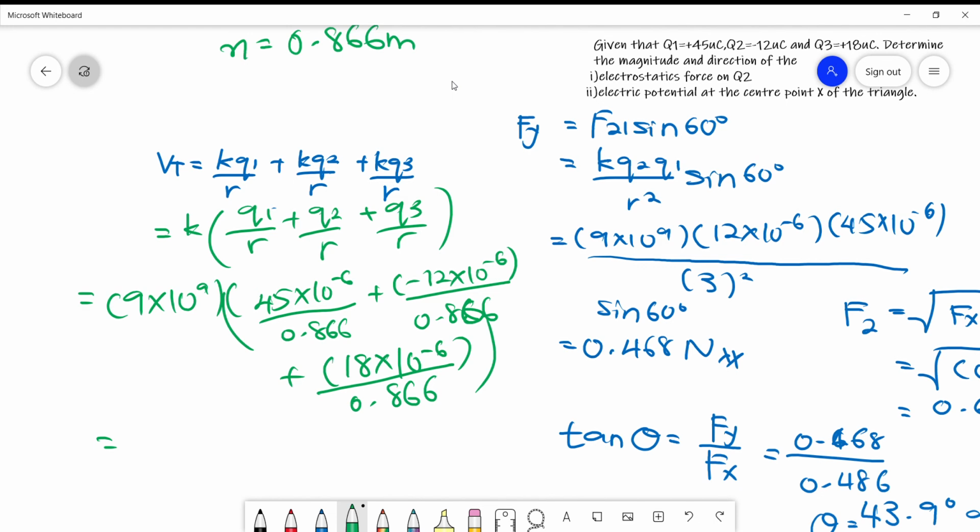Okay, let me just observe again. I wonder where I went wrong. Times the sine 30.